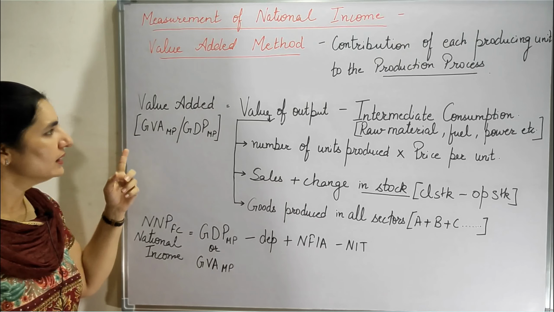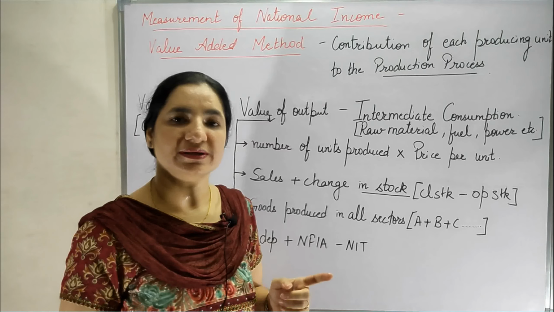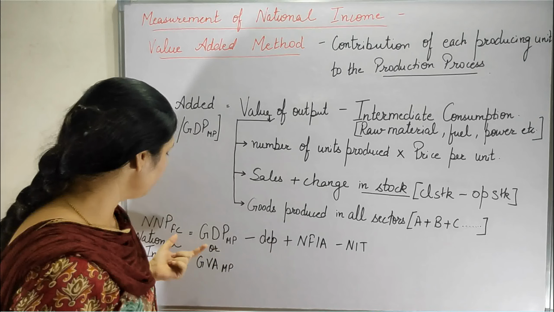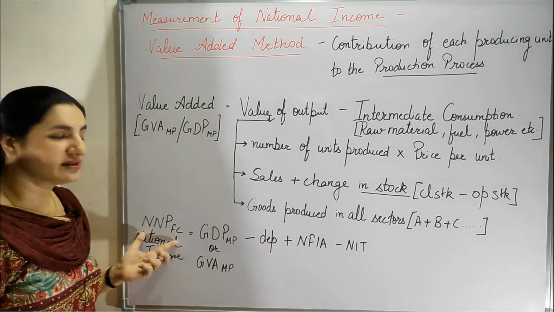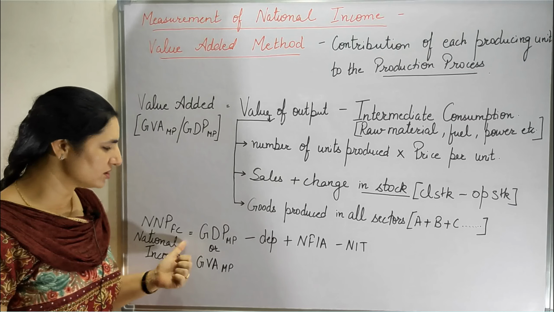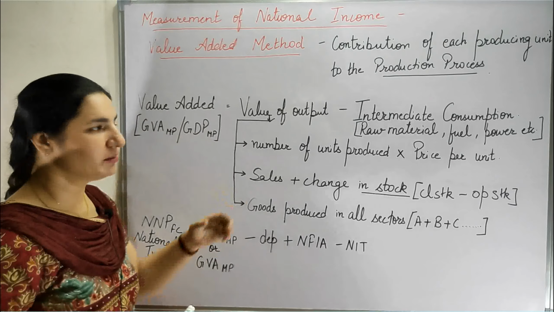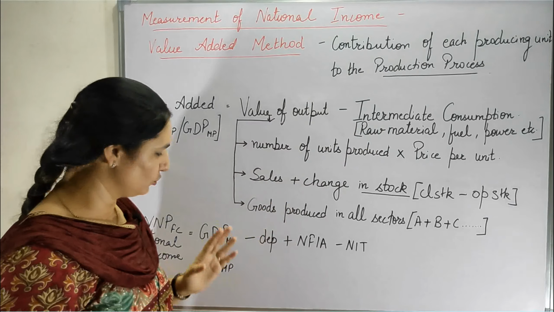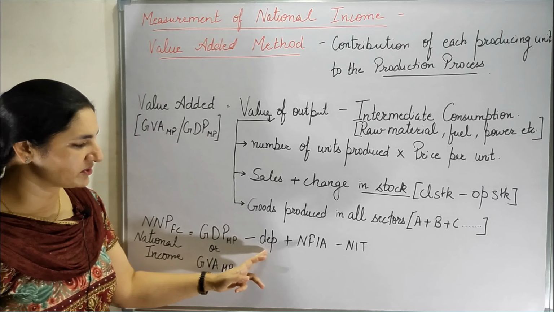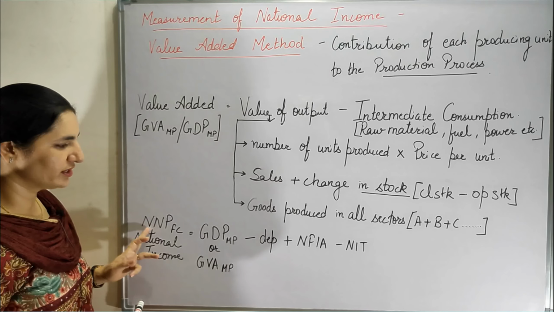If in the question it is asked that we need to calculate the national income, then we will have to prepare the formula. National income means net national product at factor cost. We are having the value added. By applying this formula, we have calculated that. We will deduct depreciation from this, so that now gross will be equal to net.